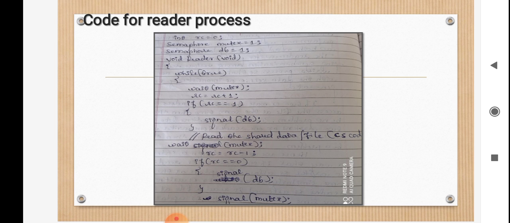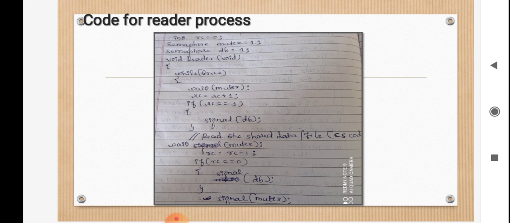Hence we have to ensure mutual exclusion, so that's why we have used the mutex variable. Similarly, what is the use of the semaphore db? The db handles the writing mechanism, that is, the writer process.